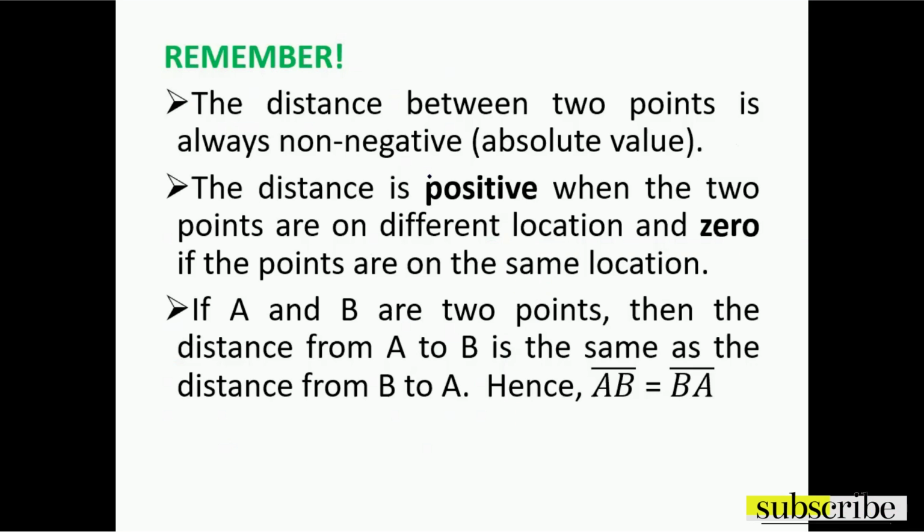The distance is positive when the 2 points are in different locations, and 0 if the points are in the same location. If A and B are 2 points, then the distance from A to B is the same as the distance from B to A. Hence, the length of AB is equal to the length of BA.